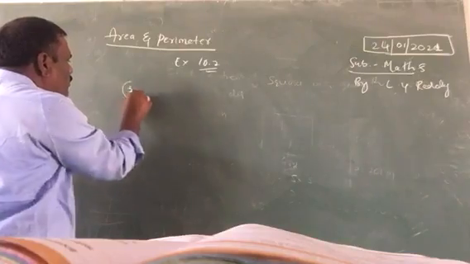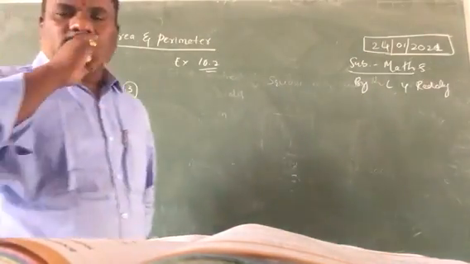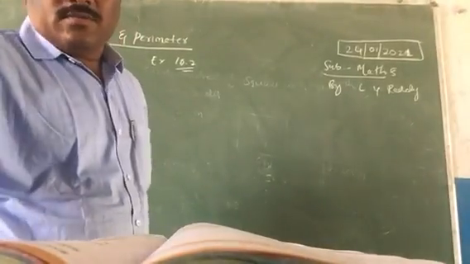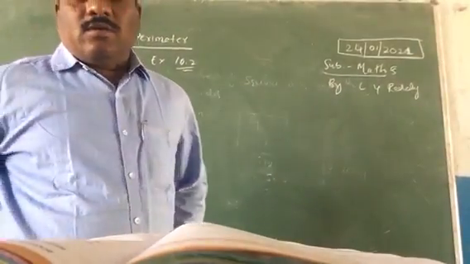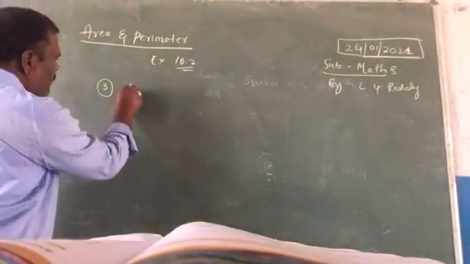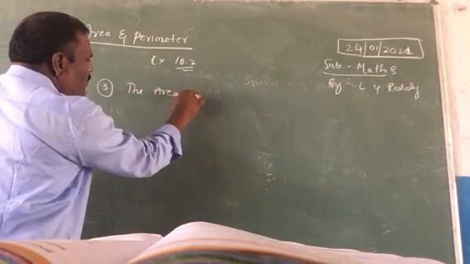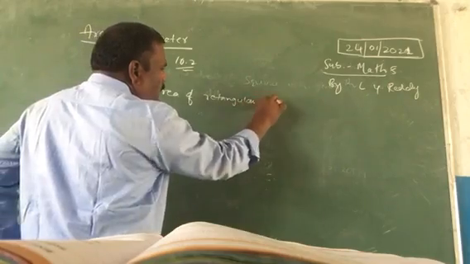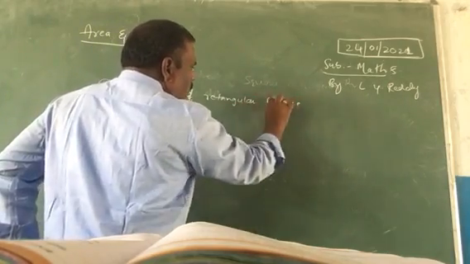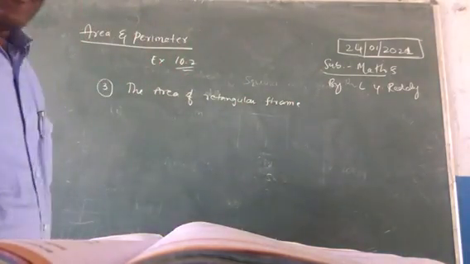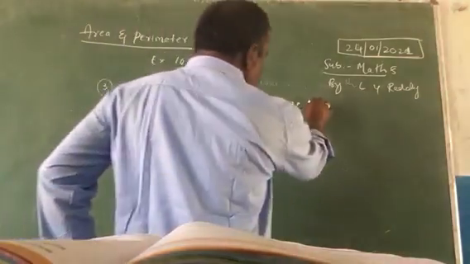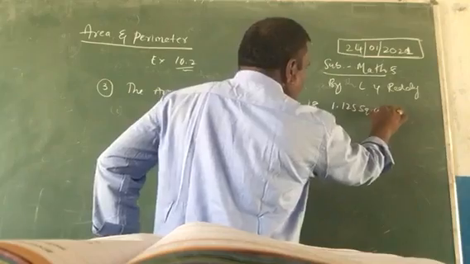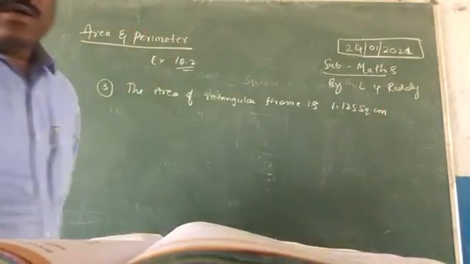children, I told you the first and second problems in the previous class, and today I would like to tell you from the third sum onwards. That is, the area of a rectangular frame is 1125 square centimeters.